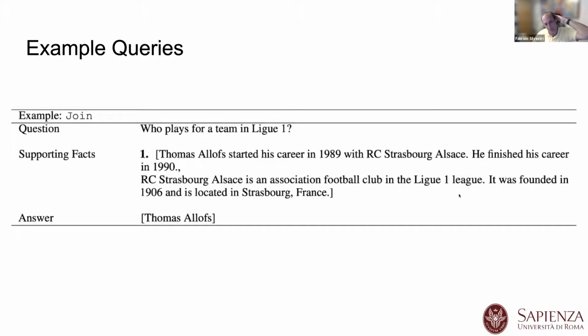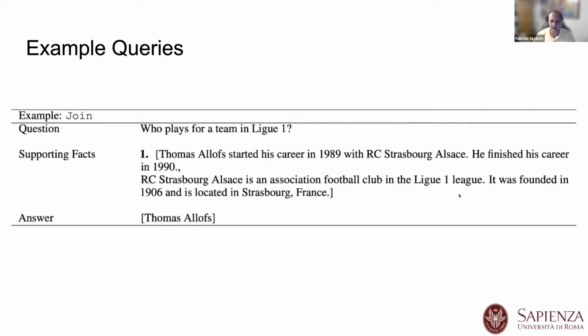And then you have join, as I was saying, this already sort of understood example: who plays for a team in League One? And then you can see this fact that is mentioning that Thomas Alofs played in RC Strasbourg Alsace, that is a football club in League One.